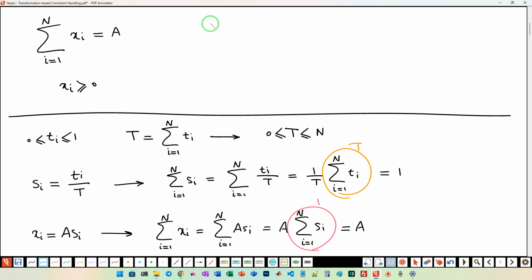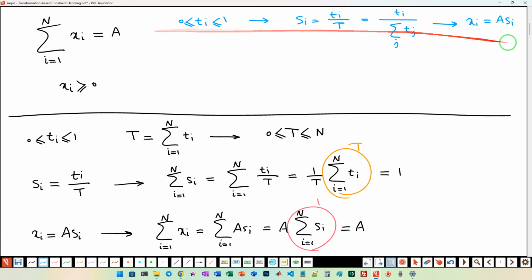So this is our method. We create Ti's between 0 and 1, and then we define Si's as Ti divided by T, and now what's T? It is summation of all of T's, and I need to use another subscript because we used i here, and then we define simply xi equal to a Si.